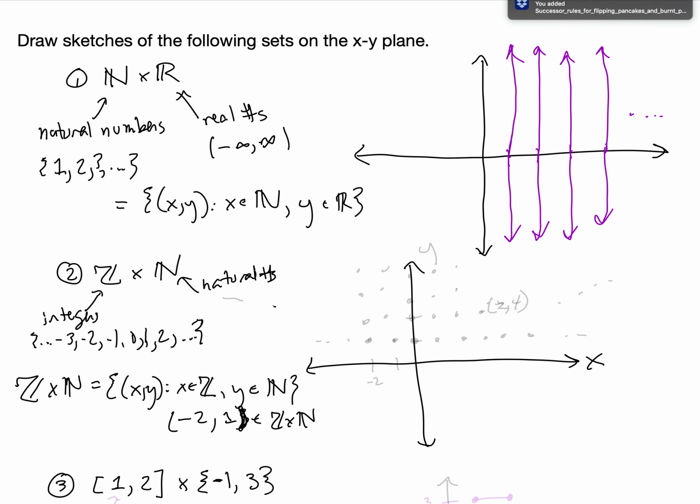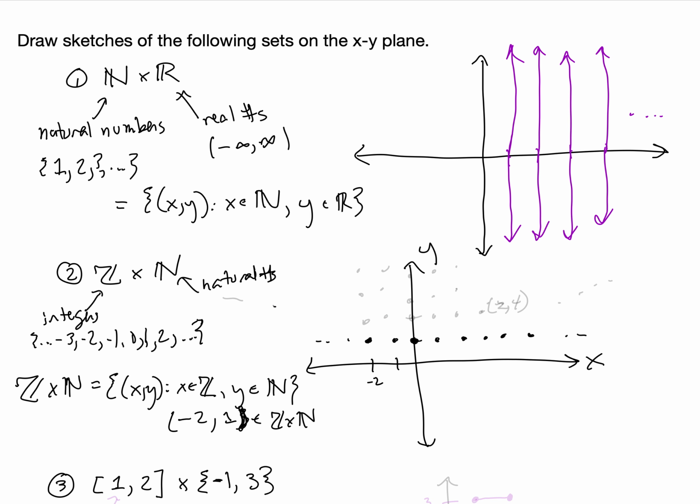We again assume that we're just on the regular xy plane for all of these. And so if we're sketching this on the xy plane, then x is -2, y is +1. That would be one such point. This would be another point that would satisfy those properties. And we'd have this line of dots.